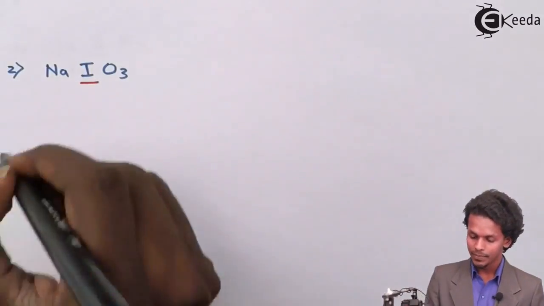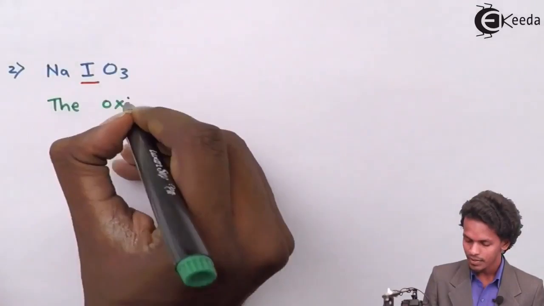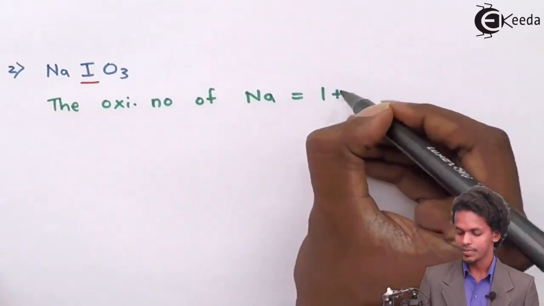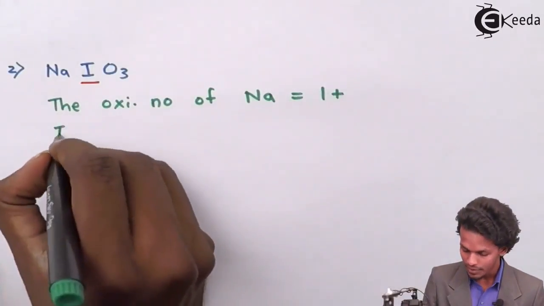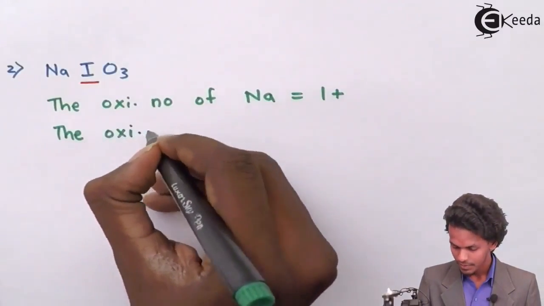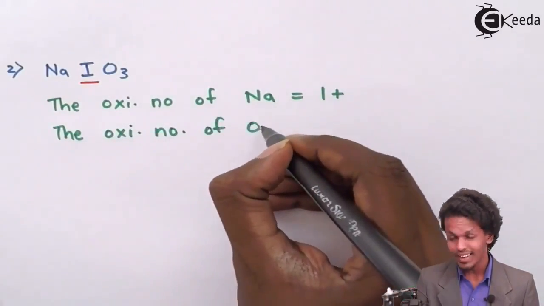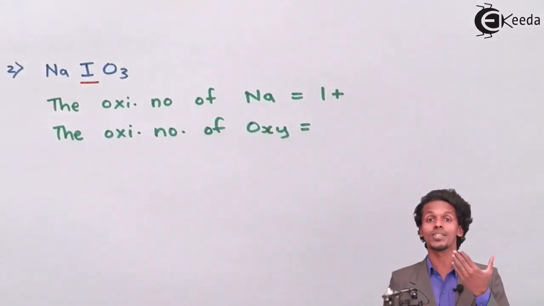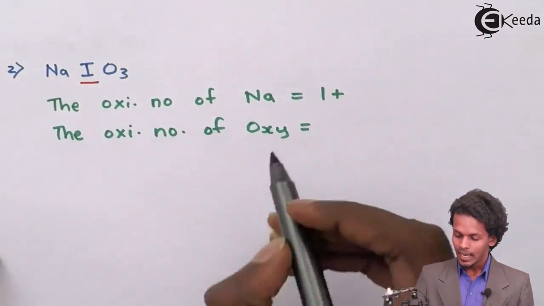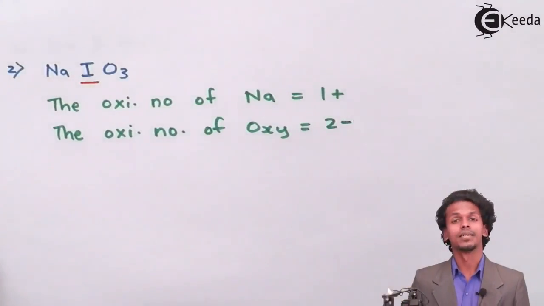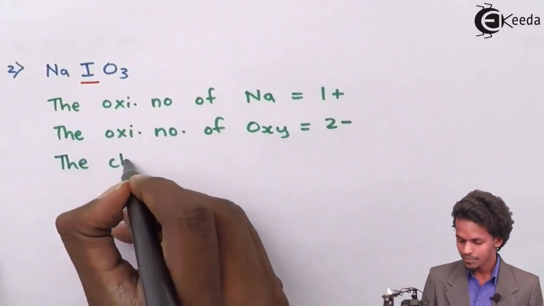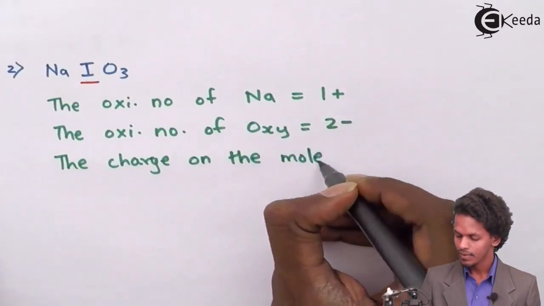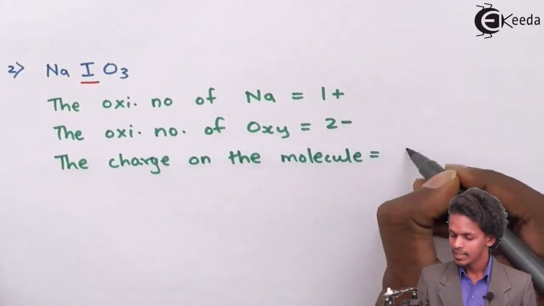We also know that the oxidation number of sodium is 1 plus, while the oxidation number of oxygen, I represent this oxygen as O, so you should not be confused between O and 0, I would write it as 2 minus, and the charge on the molecule is 0.